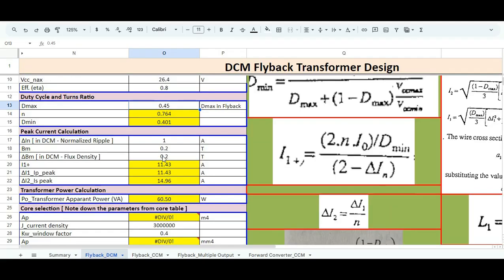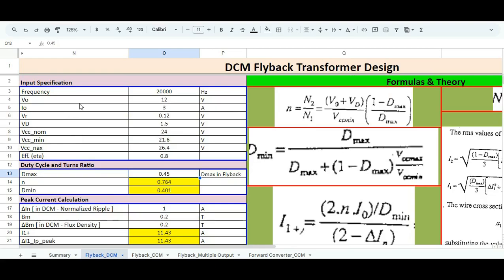So now the second step is, after knowing your design specification, you can plug these values as per your design requirement into your Excel sheet. Then the second step is calculating the maximum duty and the turns ratio.